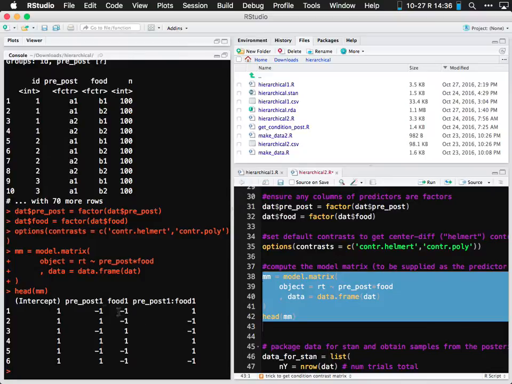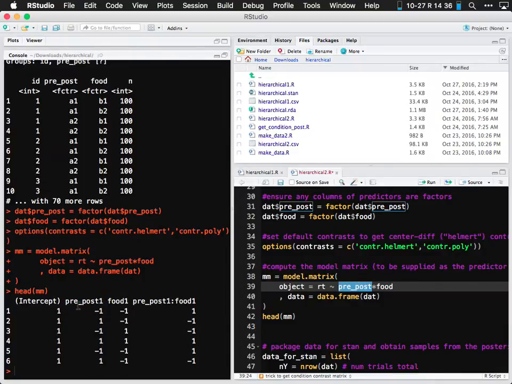So now you can see we've got a model matrix with one column called intercept, another column called prepost 1. It's clear that the name the model matrix puts at the top of each column is the name of the column, and then it adds a 1 at the end for some reason.